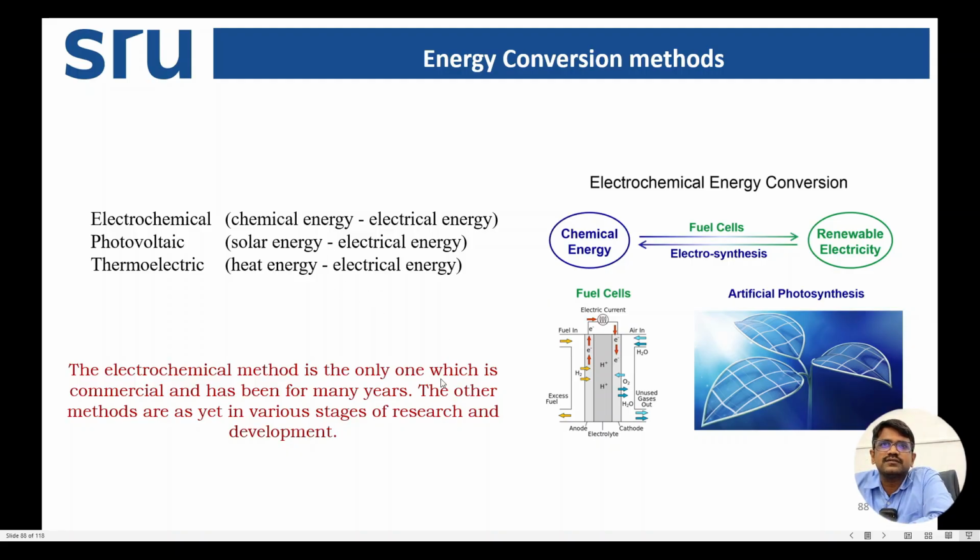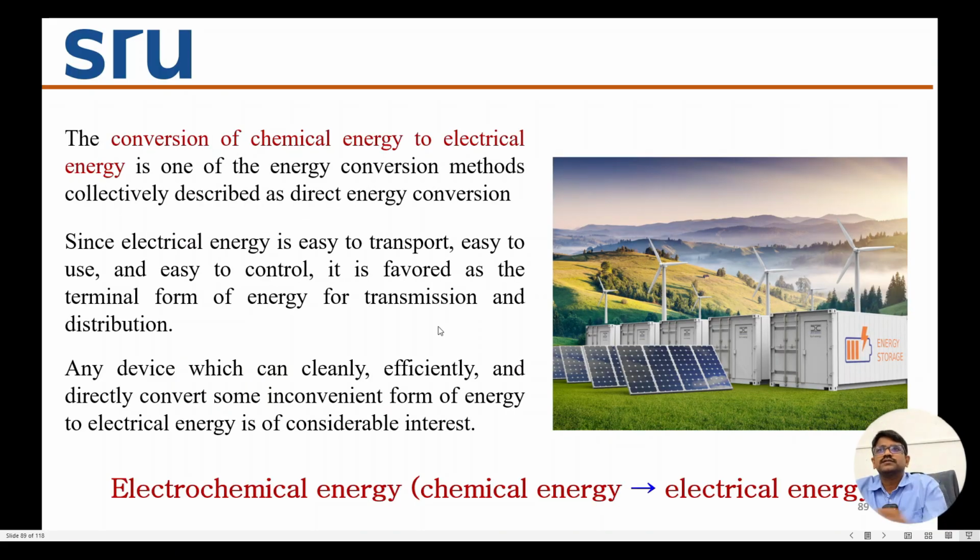Wind energy and solar energy are green energies, and these green energies that we produce can be stored as chemical energy in batteries, so that we can use it wherever and whenever we want. That is the advantage of electrochemical energy.